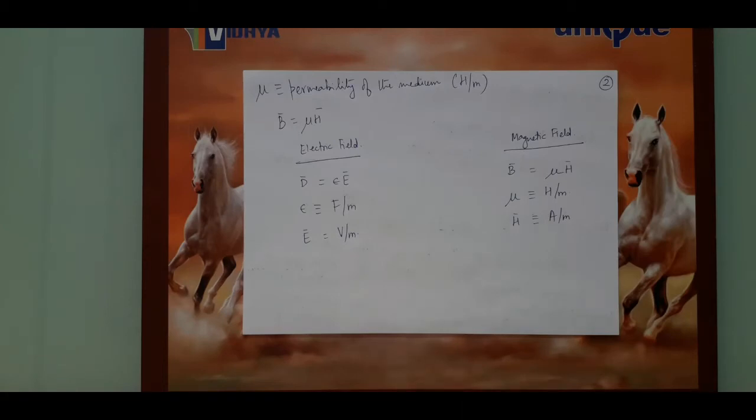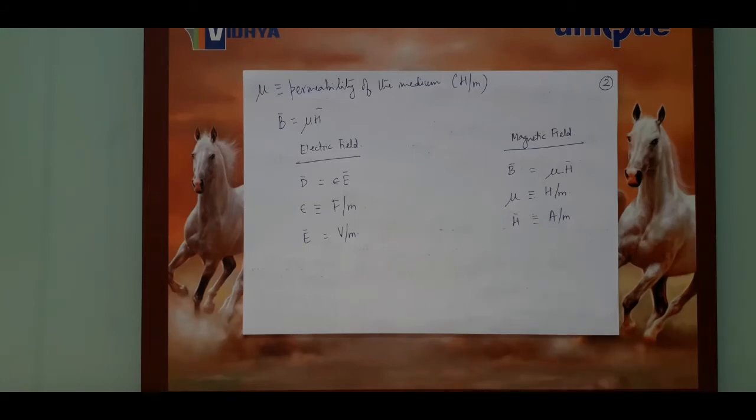And this phenomenon was essentially observed by many scientists, especially in the 19th century. So just to name a few, you have Gauss, who looked at electric and magnetic fields both from different perspectives. You have Ampere, who studied how the current carrying conductor produces magnetic field.